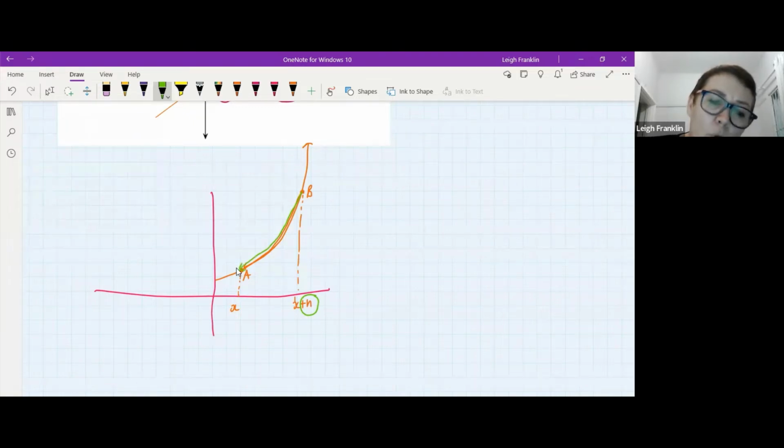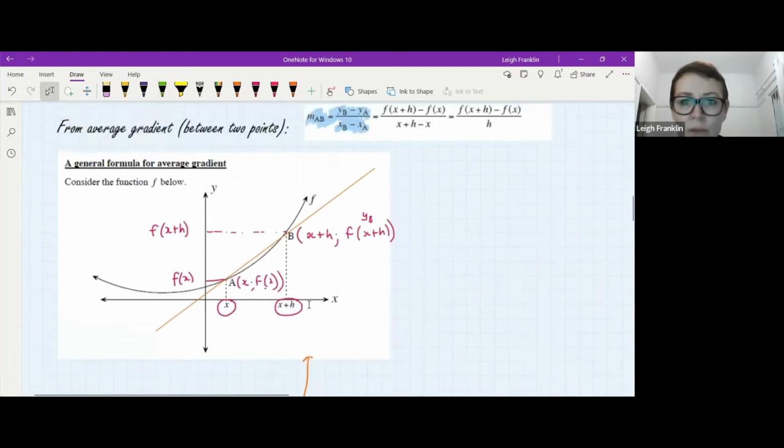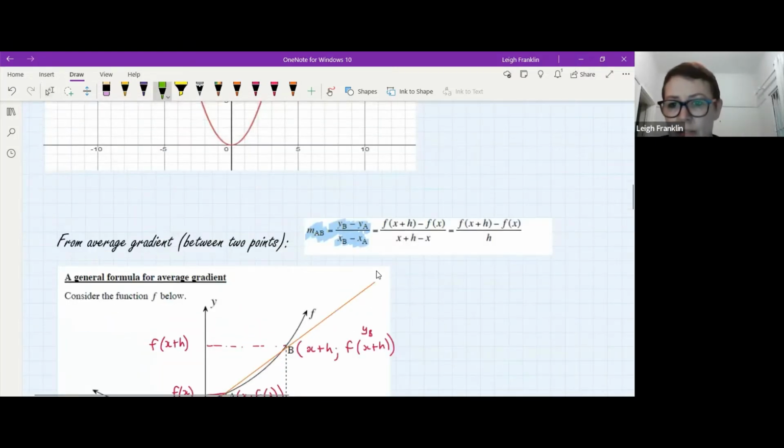What we want, of course, when we are measuring gradient at a point, is to figure out what the gradient at A is going to be. So I don't want to work out the gradient between the points. I want to know the gradient at A. The problem is that as h approaches 0, if we say that h is 0, what's going to happen to this formula?